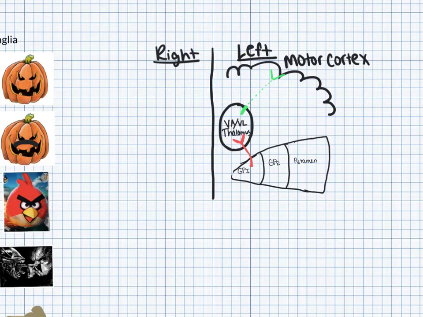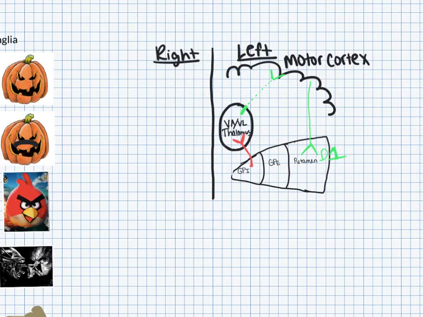So let's talk about the direct pathway, which is how the motor cortex can allow for movement. The left motor cortex will allow for movement on the right side of the body. So the motor cortex is going to excite neurons in the putamen, specifically D1 striatal neurons. And remember, the putamen is in the striatum.